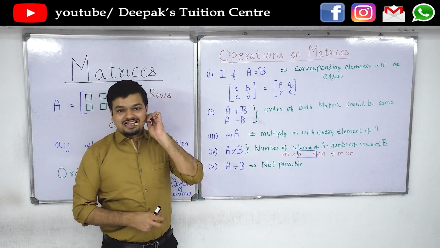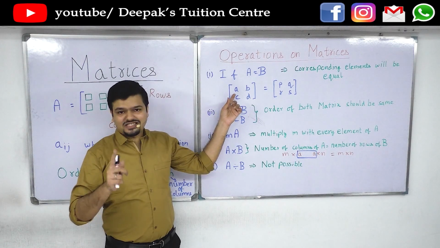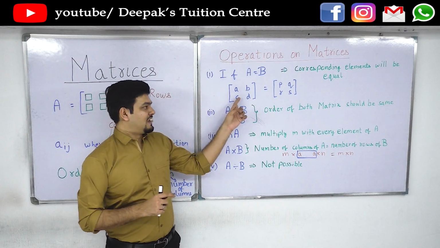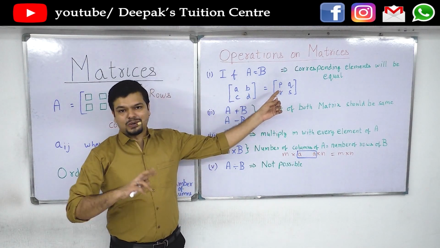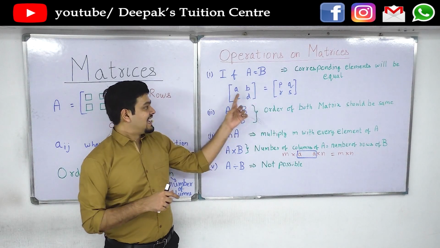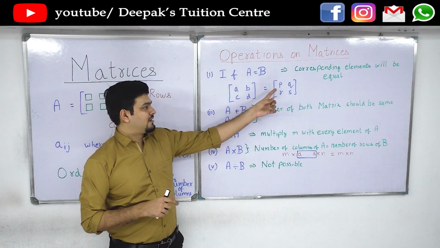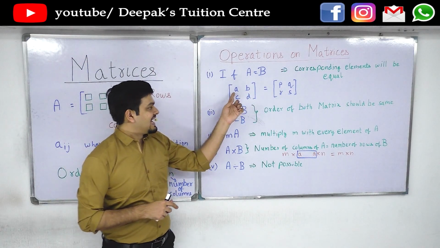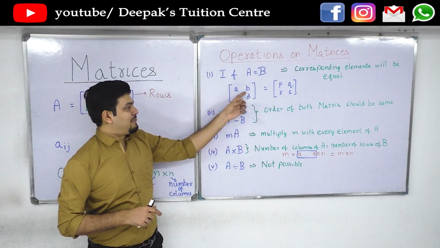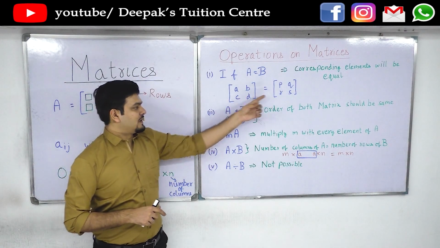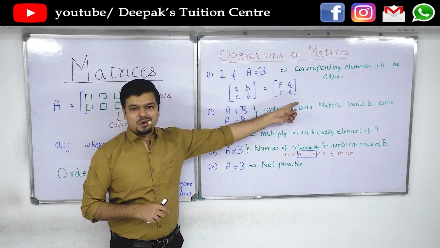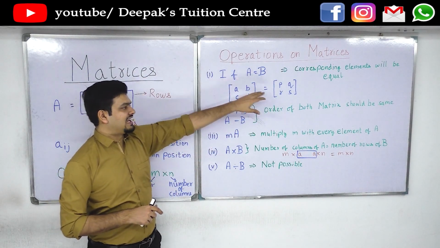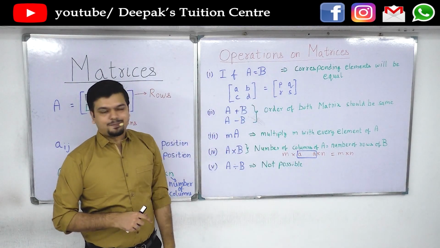That simply means that the element in the first row, first column of this matrix will be equal to the element in the first row, first column of this matrix. A11 of this matrix will be equal to A11 of this matrix. So in short, I can say A equals P, B equals Q, C equals R, and D equals S. Assuming this to be matrix A and this to be matrix B.